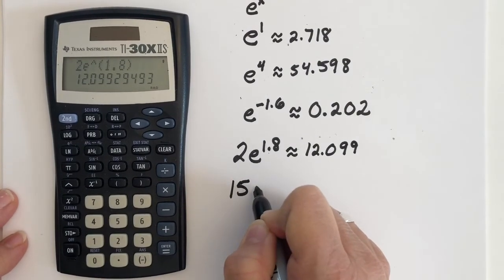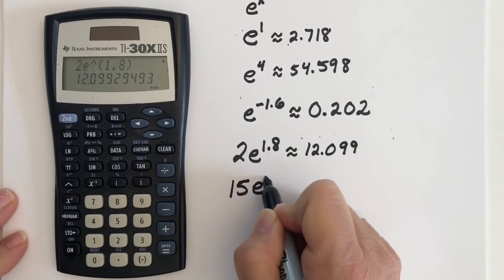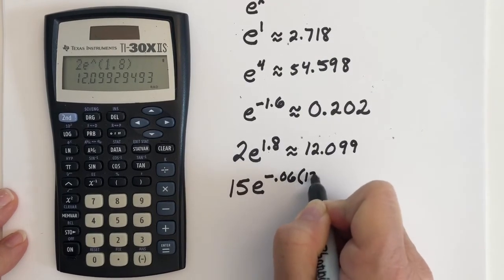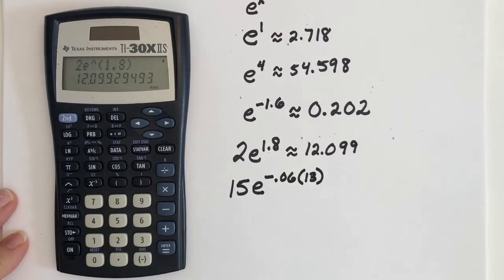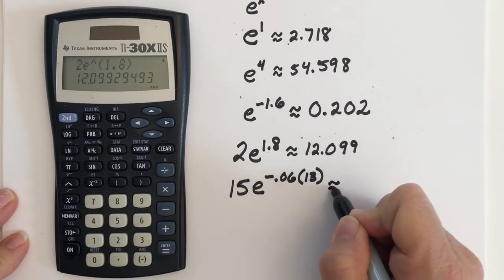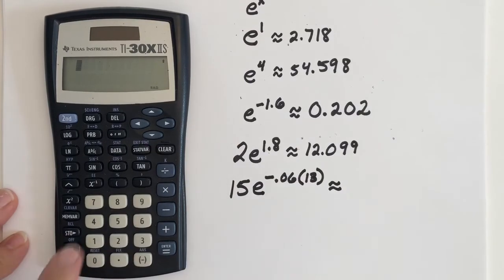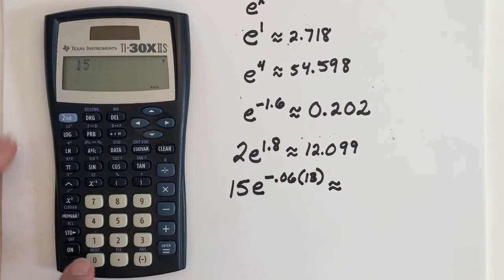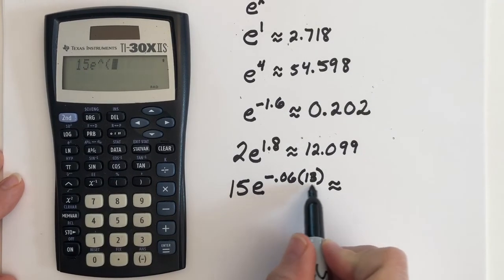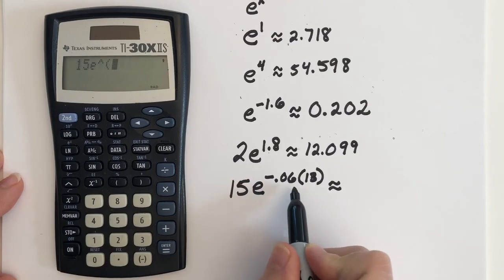15e to the negative 0.06 times 13 power. Now we have to take care with this one, and I'll show you why right now. We're going to start with 15 times e to the, and now notice the exponent is this product.